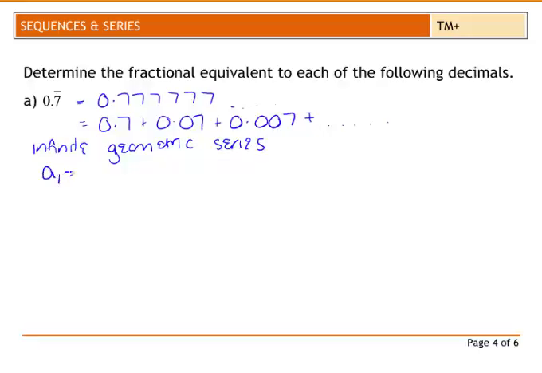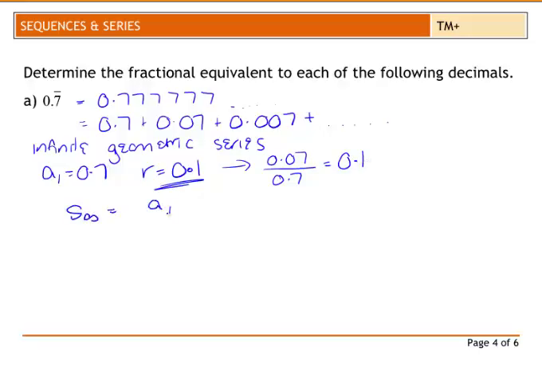My first term is 0.7 and my R is 0.1. If you can't see this, just do 0.07 divided by 0.7, so my second term divided by my first term, to find R, and you'll get 0.1.